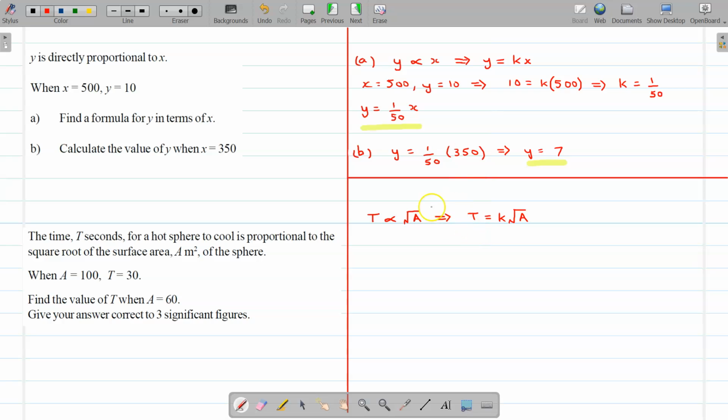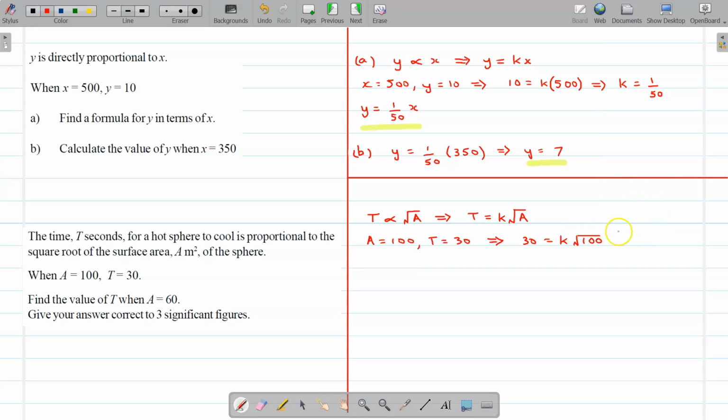Okay, now we use the boundary information as we did before. We know that when A is 100, it means that T is 30. And we can use that to find what K is, you see. So in our equation here, we replace the T with 30, and the K stays there, and the root A becomes root 100.